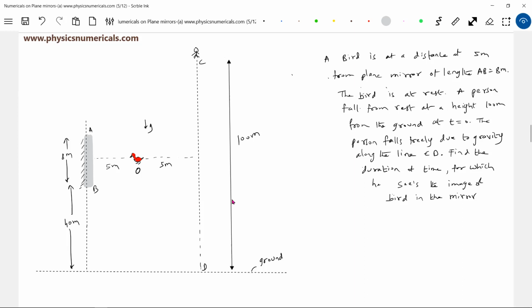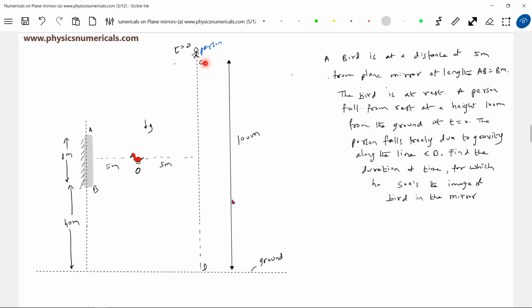Then at a height, a person falls from rest. Okay, he is a person. In the diagram they're telling it is a person. A person falls from rest at height 100 meter from the ground at t equal to 0. So he will start his journey at t equal to 0.